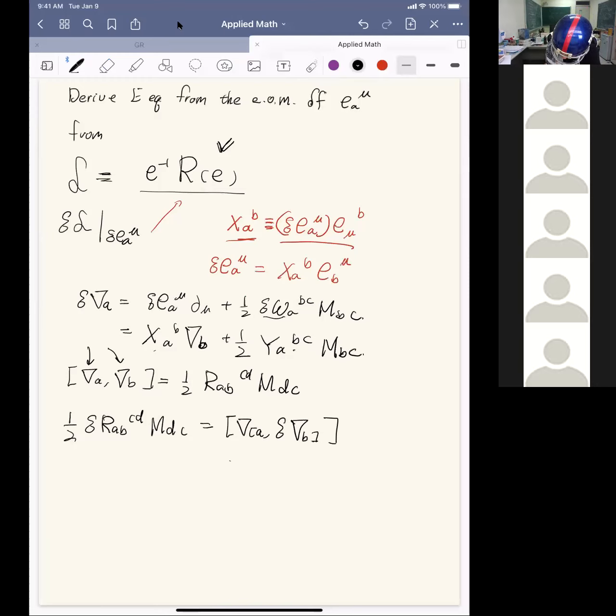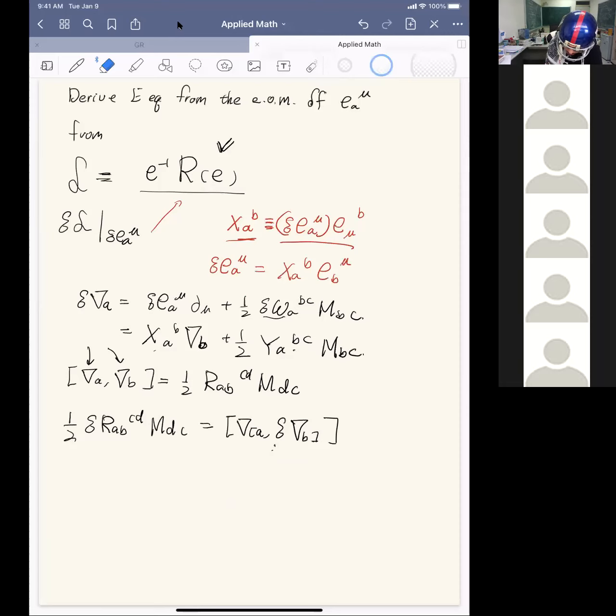What this means is the variation of ∇_a times ∇_b minus ∇_b times the variation of ∇_a. I'm just writing it in a compact form.